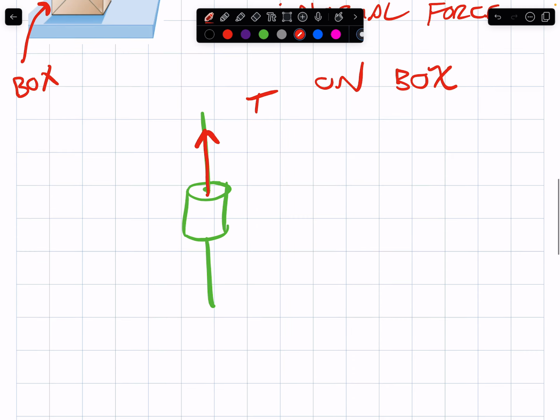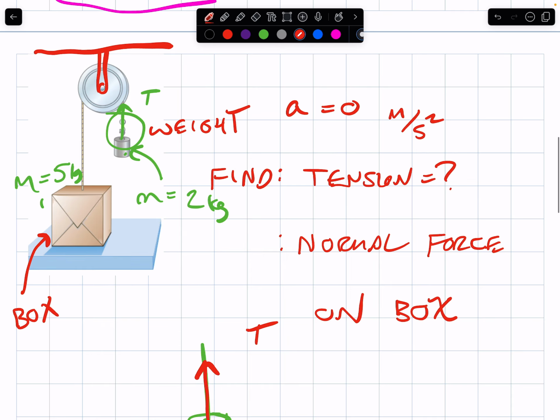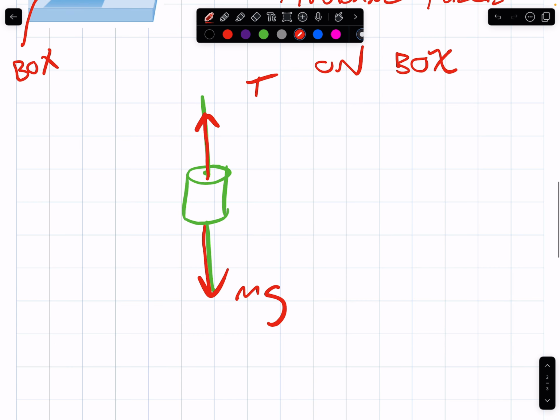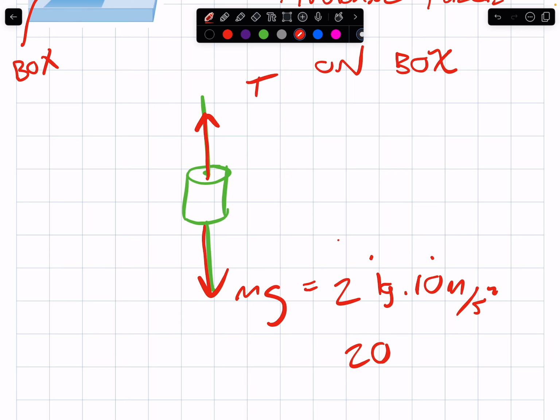That's tension. And there's the weight of this mass, the force of gravity on it. That's mg. And if this mass is 2 kilograms, then its weight is 20 newtons. 2 kilograms times 10 meters per second squared, 2 times 10 is 20. And a kilogram times a meter per second squared is a newton.